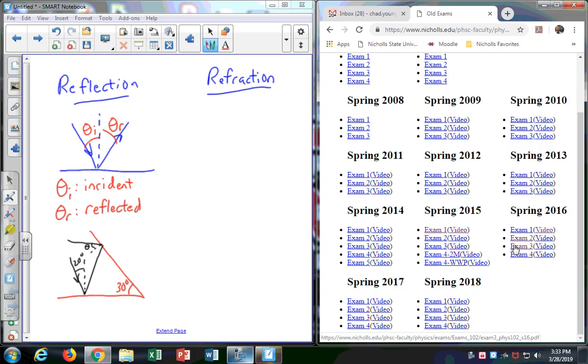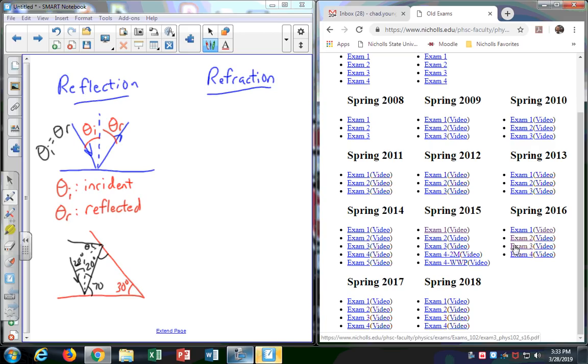Well, I know from the law of reflection, which says that theta I is equal to theta R, that if this angle is 20, then this angle is also 20. And if that angle is 20, this angle is what? Not 180 minus 20, 90 minus 20. So that's 70. And if that angle is 70, what is this angle? Well, that's a triangle.